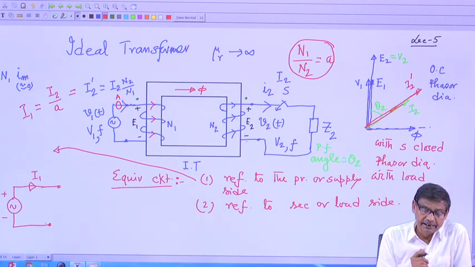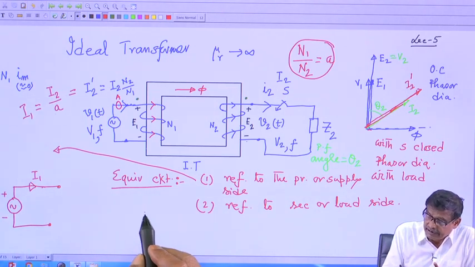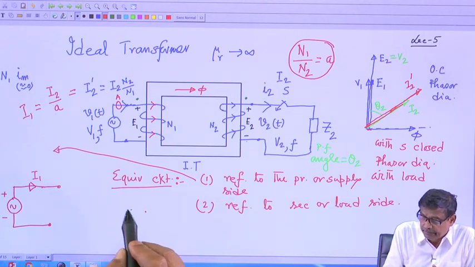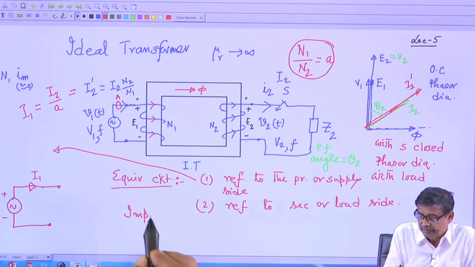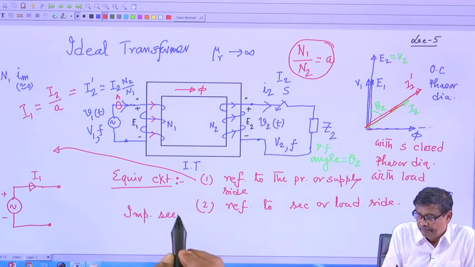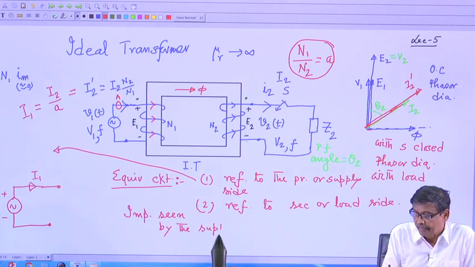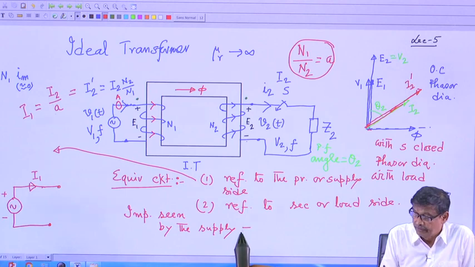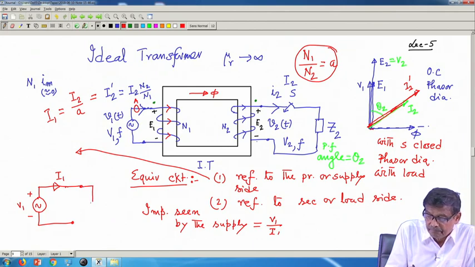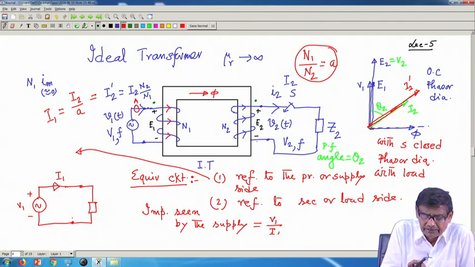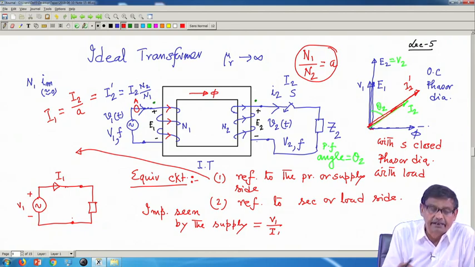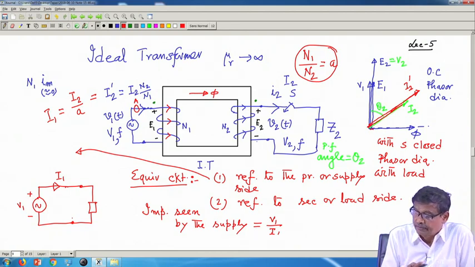Therefore, it will interpret that you have connected an impedance, the impedance seen by the supply, which is equal to V1 by I1. It will say, oh, somebody has connected an impedance across me, and that is why I am delivering a current I1. That is all, V1 by I1.